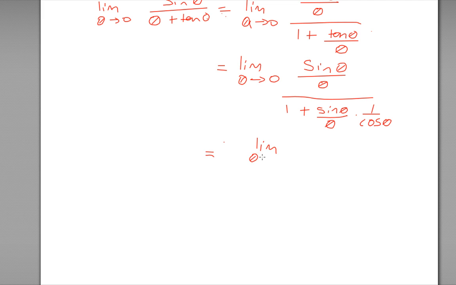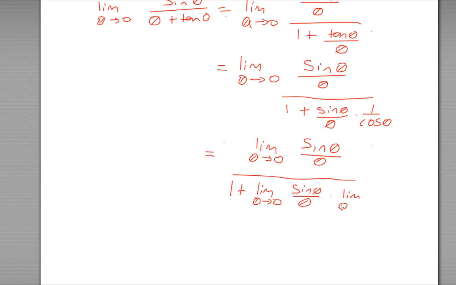So this ends up being the limit as theta goes to 0 of sine theta over theta, divided by 1 plus the limit as theta goes to 0 of sine theta over theta times the limit as theta goes to 0 of 1 over cos theta.